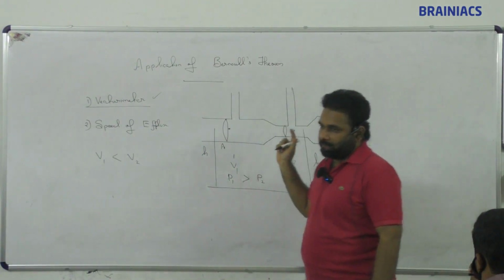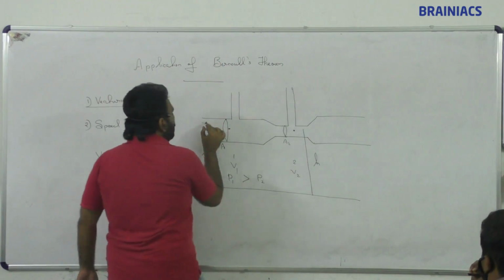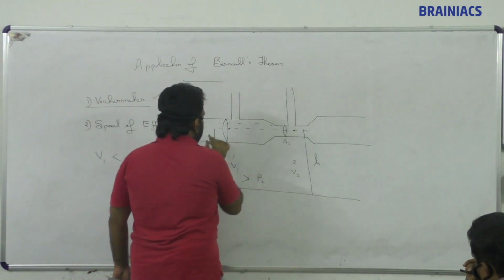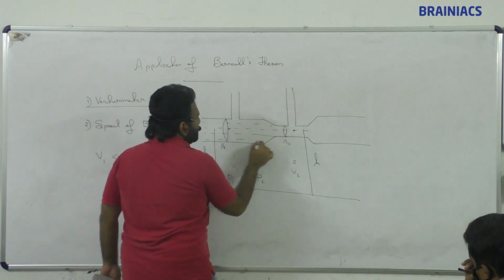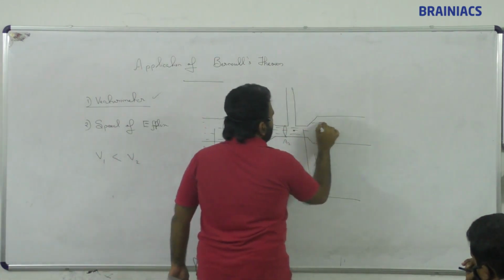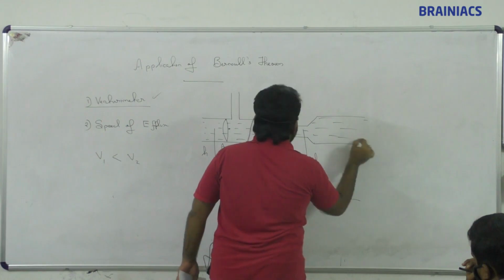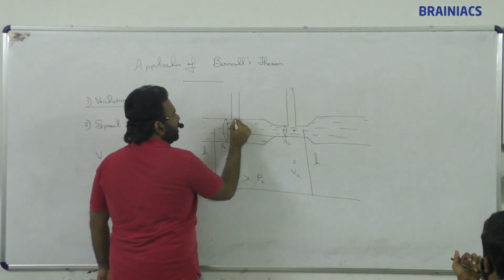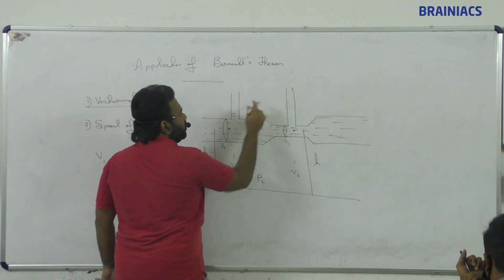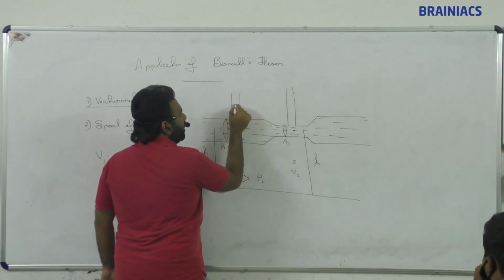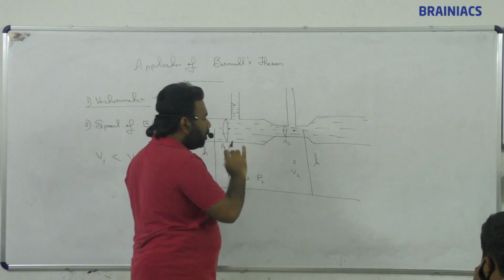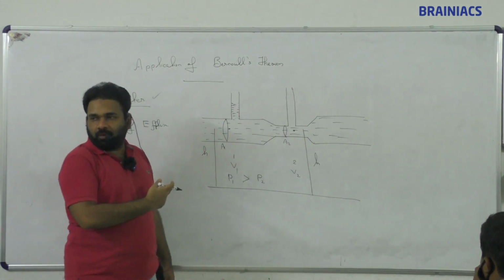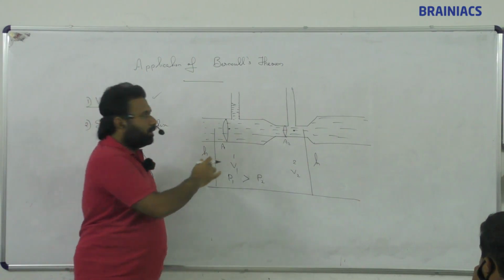Correct? Now if we draw water or any fluid flowing like this, compared to this tube, whether the height of the liquid column will be more or less here? Pressure is more, so that will be more. Clear?